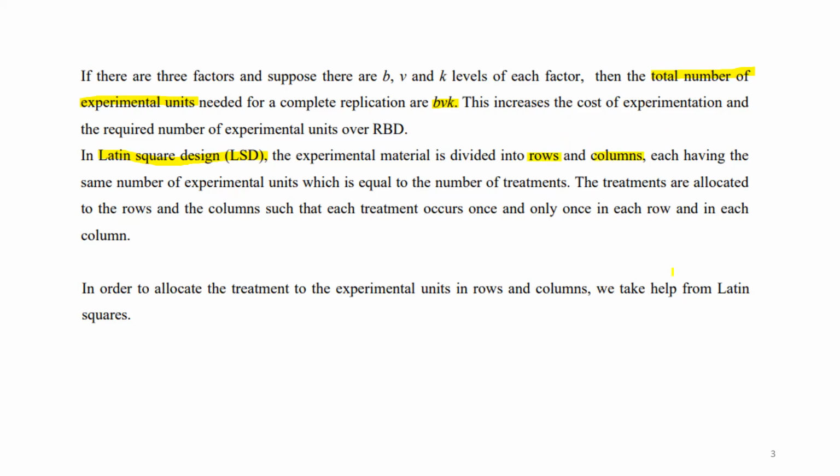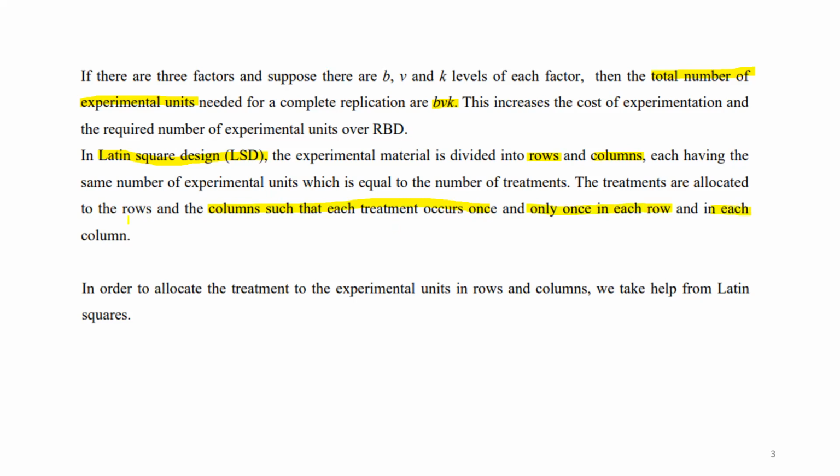Rows and columns each have the same number of experimental units, which is equal to the number of treatments. The treatments are allocated to rows and columns such that each treatment occurs once and only once in each row and in each column.